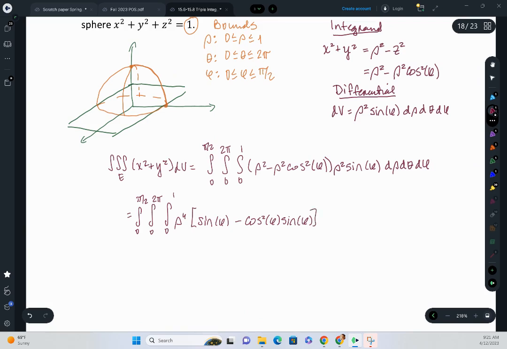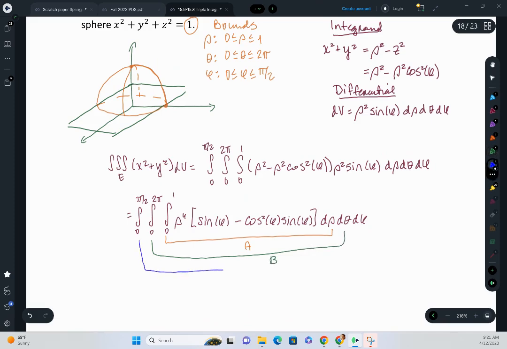So all I'm doing right here is just rearranging all this multiplication so that it's easier for me to see my distinct functions when I'm integrating. So d rho, d theta, d phi. All right, now we can focus on the inner integral first, and then we will handle the middle one.